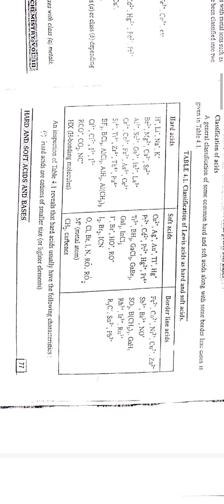And the soft acids are Cu+, Ag+, Au+, Tl+, Hg+, Pd2+, Cd2+, Pt2+, Hg2+, Pt4+, Tl3+, BH3, GaCl3, GaBr3, etc. Borderline acids are Fe2+, Co2+, Ni2+, Cu2+, Zn2+, Sb3+, Bi3+, NO+, etc.